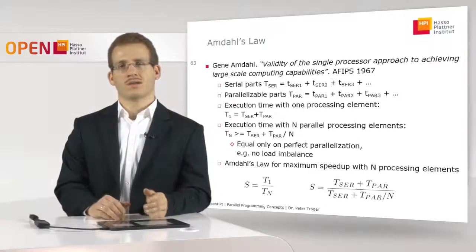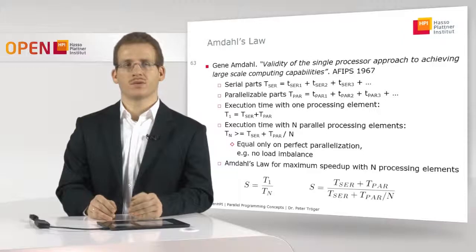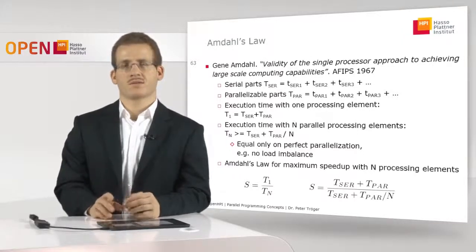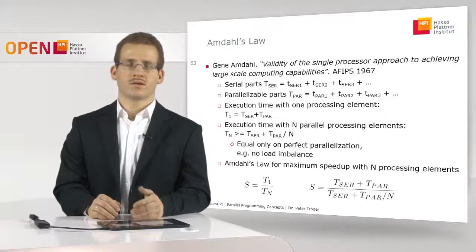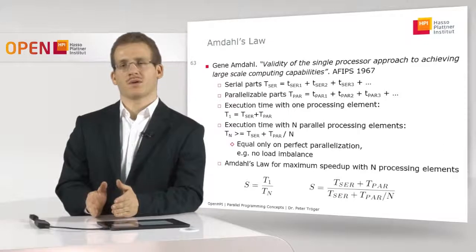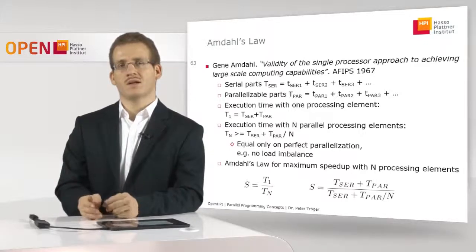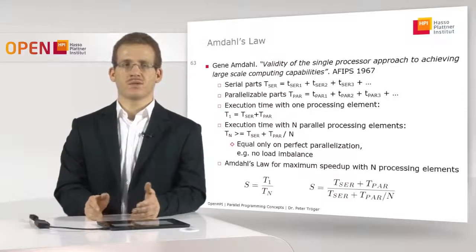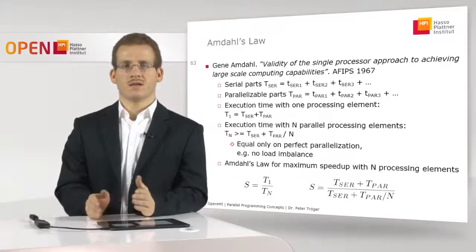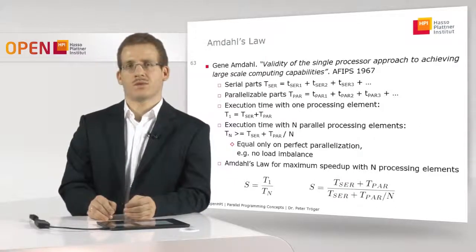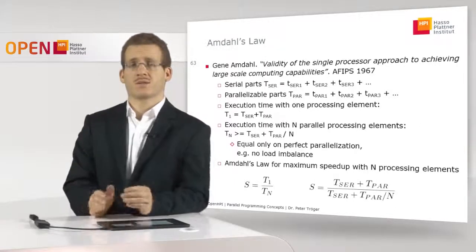If you now take a parallel resource, a parallel computer, and start to distribute the parallelizable parts on different processing elements, you come into the situation that the portion of time you spent in a parallelizable part is now split up between the available processing elements. So what we do here is we divide the big T par value, the time we need for all the parallelizable parts, by the number of processing elements we use.